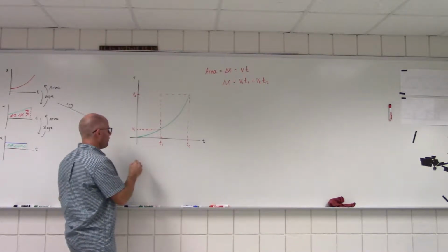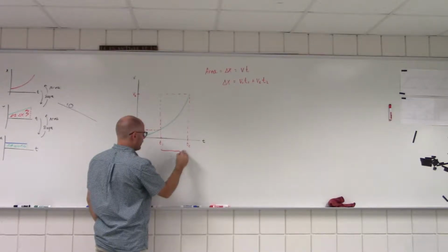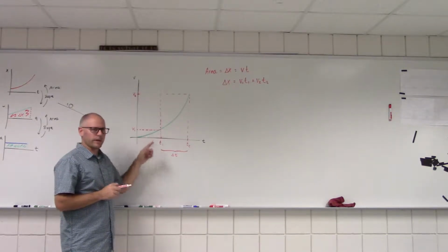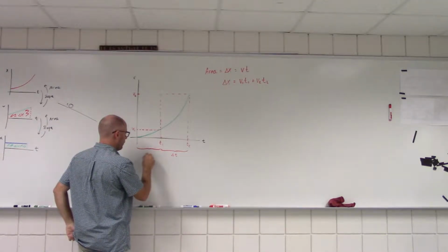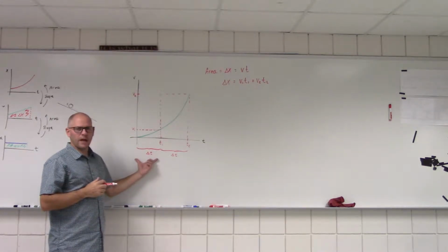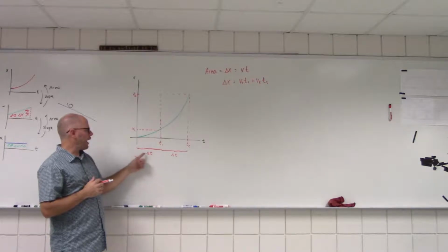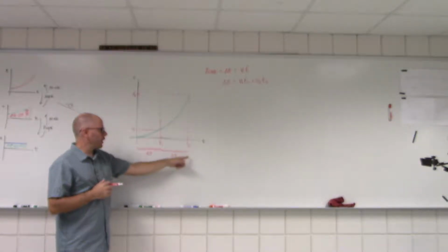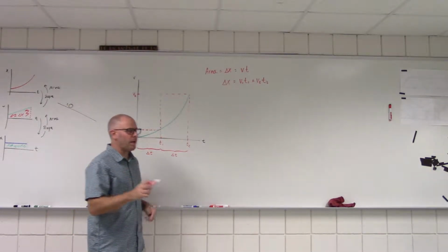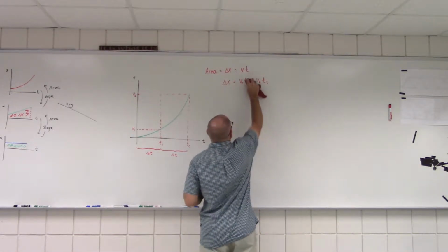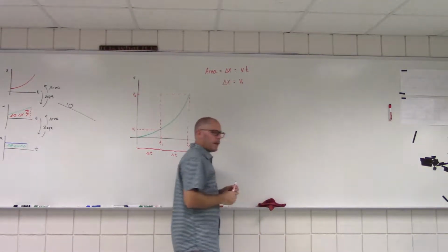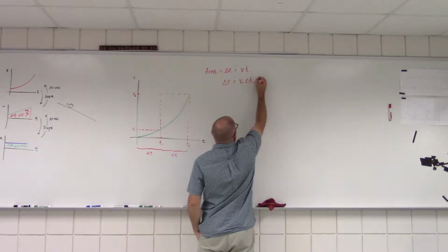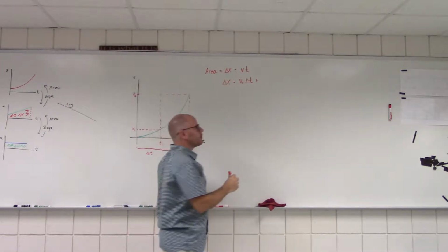Well, one thing I can notice is that's like a delta t, the time interval between 1 and 2, but since I broke this in half, that's also the time interval between 0 and 1. So the width of this rectangle is delta t, and the height is v1. This width is delta t, the height is v2. So let me amend this statement. The areas of these two rectangles are v1 times delta t plus v2 times delta t.